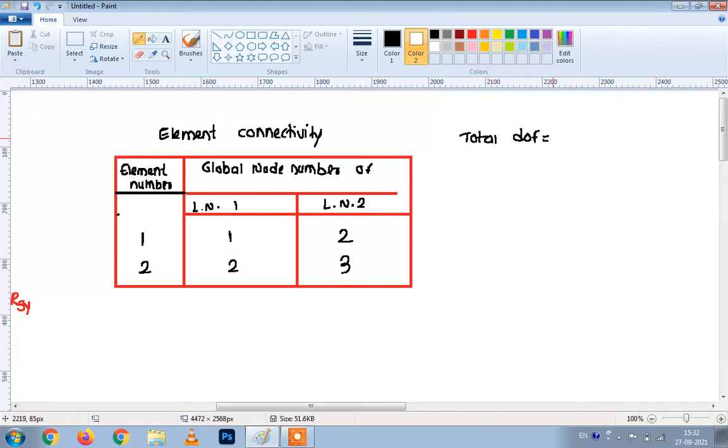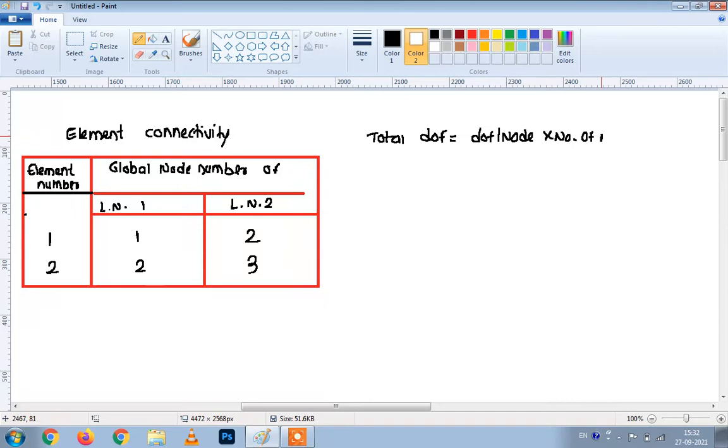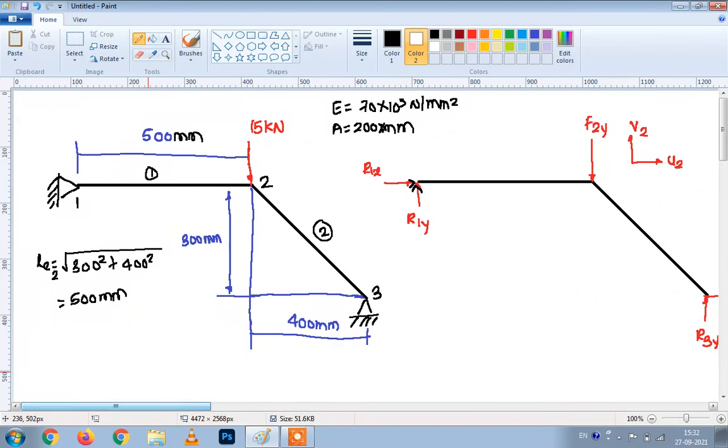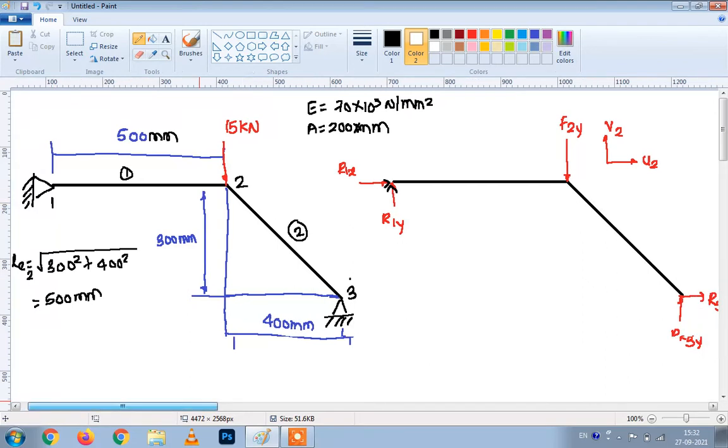The formula for total degree of freedom is degree of freedom per node into number of nodes. As this is a 2 degree of freedom problem, it is 2 into the number of nodes, and in this truss system 1, 2 and 3 node points are there.